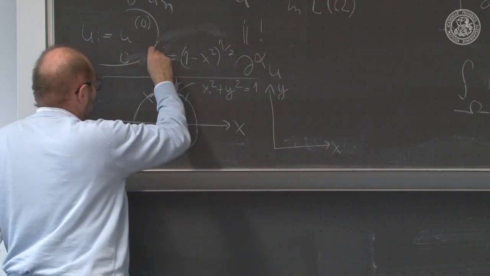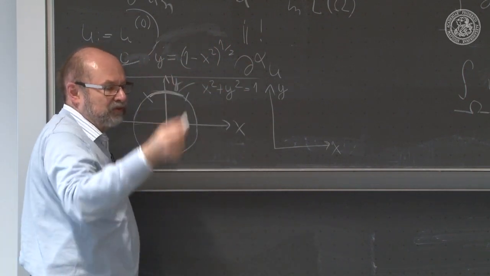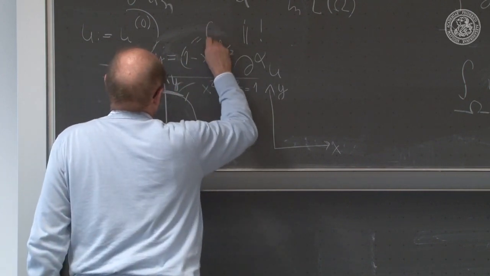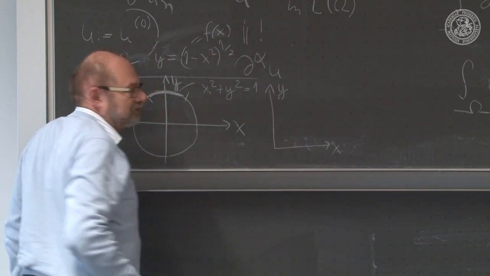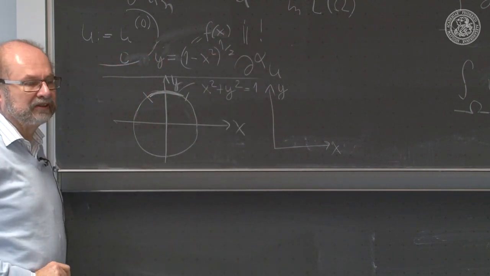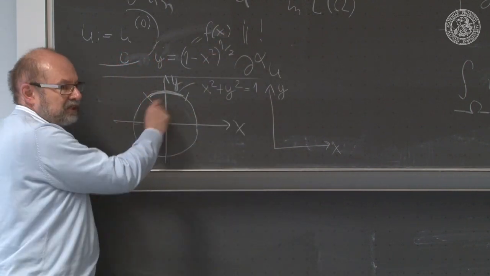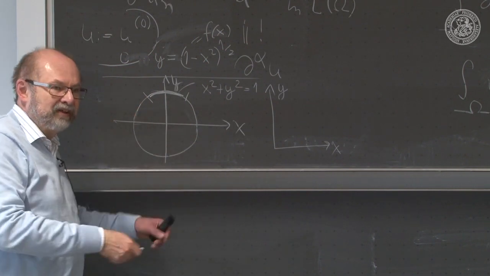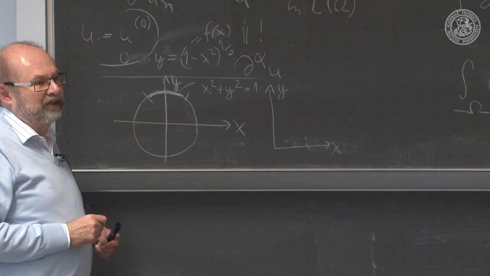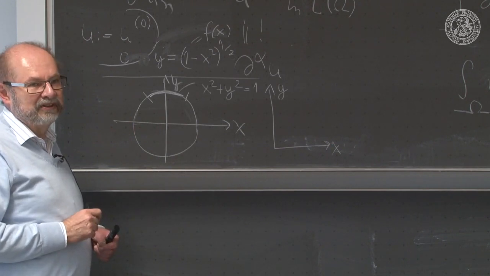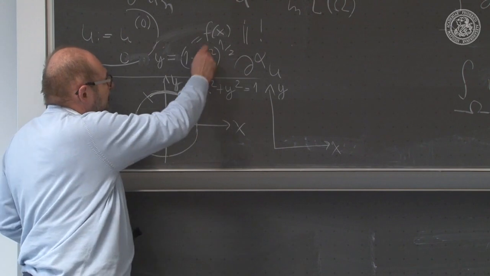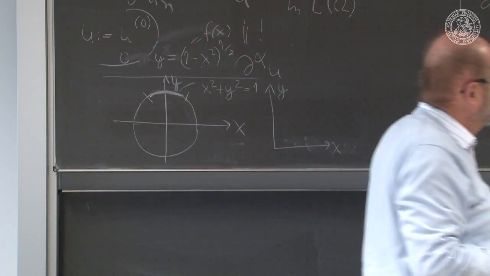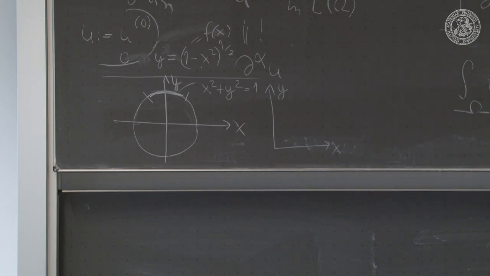I really want to write one of the components in terms of the remaining d minus 1 components. And here I did this. This is my f of x. This is a smooth function. And I can do this a little bit larger, and then here I get problems. That means I need another local representation. I need here at least 2. But nevertheless, my functions are C infinity functions, and therefore I call this domain a C infinity domain.